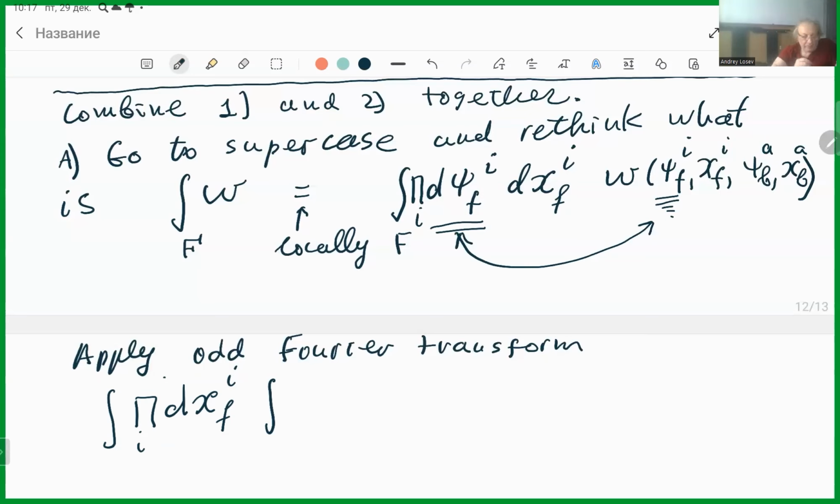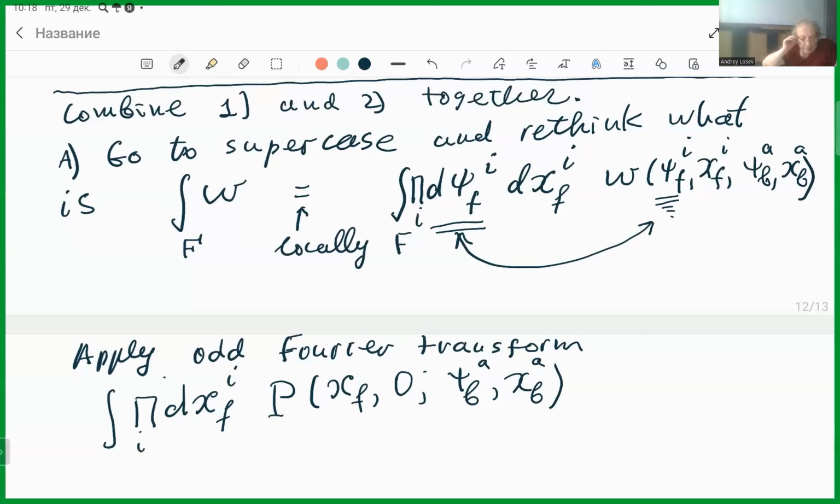No theta here. So here I have, I'm sorry for writing these integrals too much, polyvector, x fiber 0, and also here I have psi base A, x base A. So this is the result of this integration.